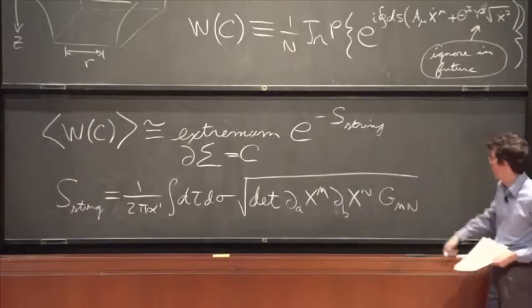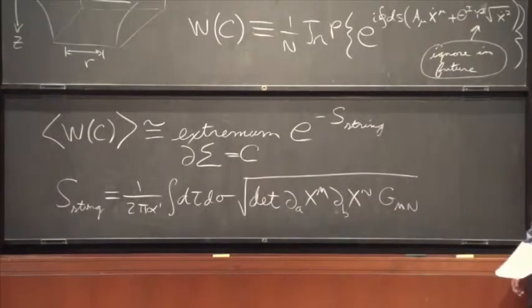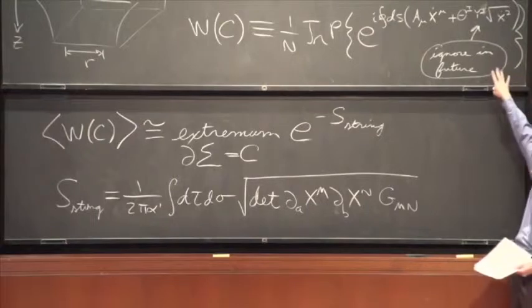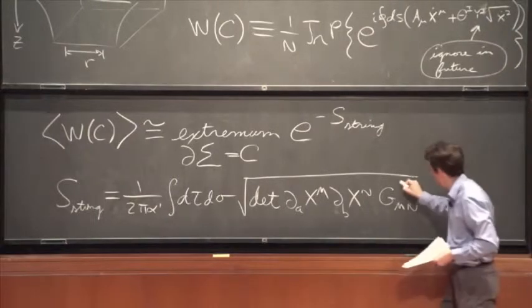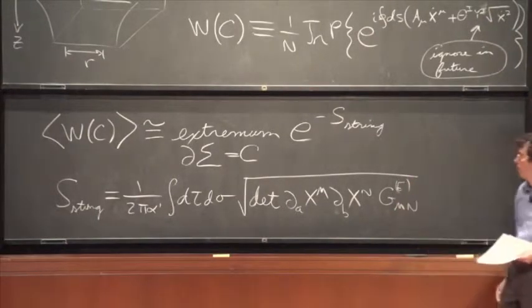So this metric, capital G_MN, is that metric I wrote, the Euclidean metric for AdS5.